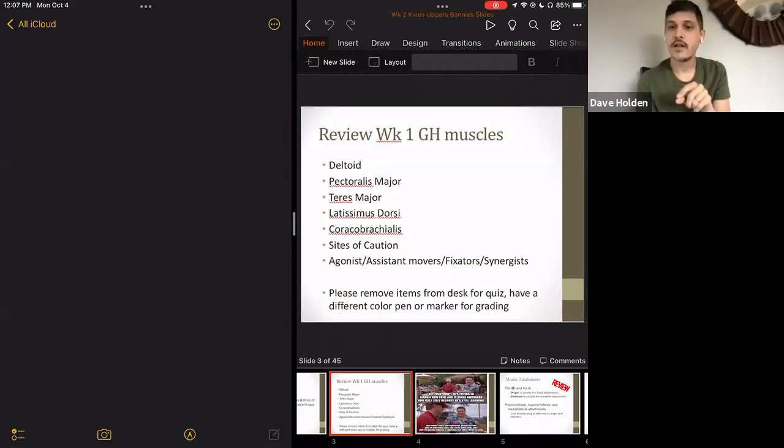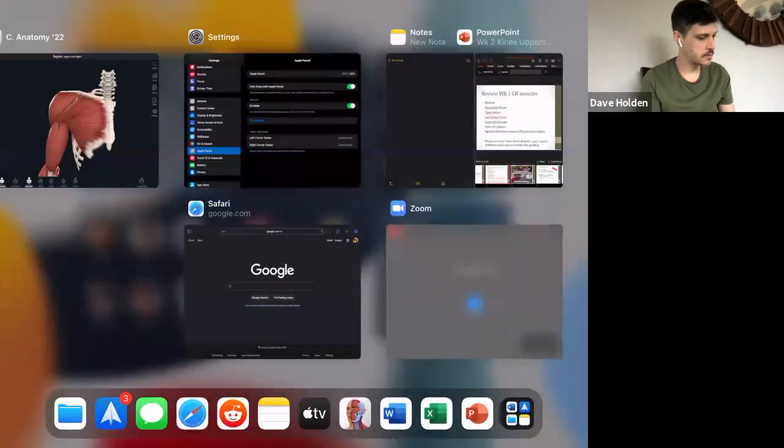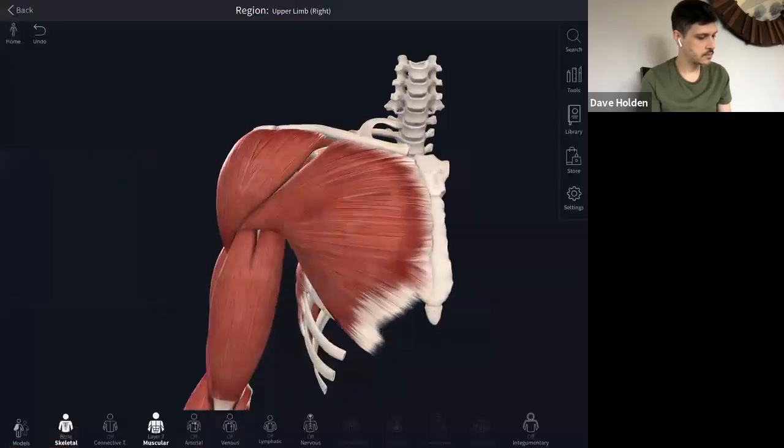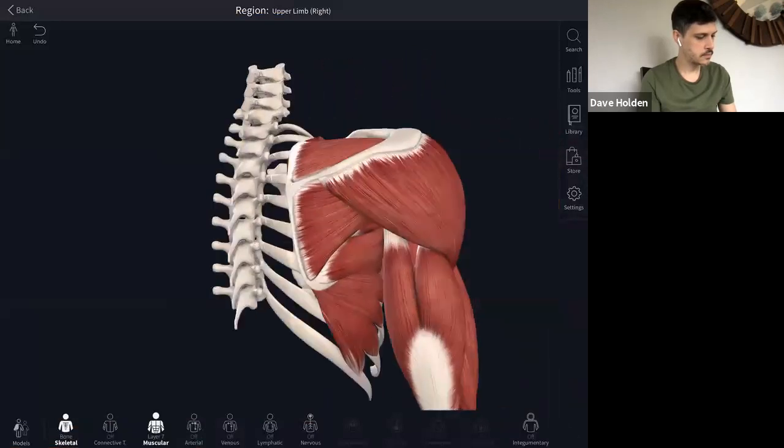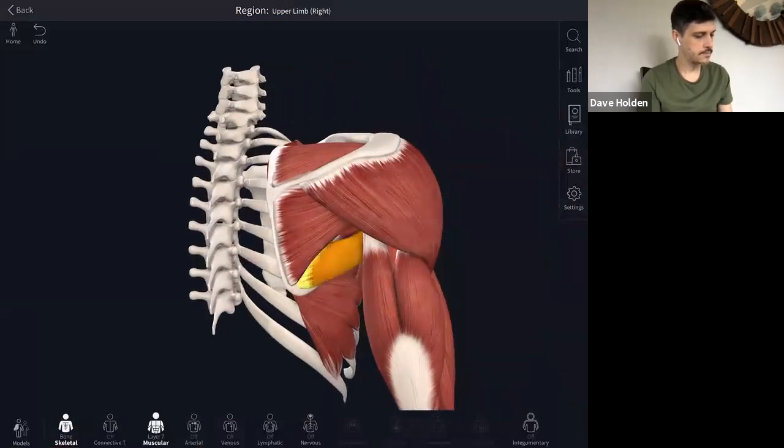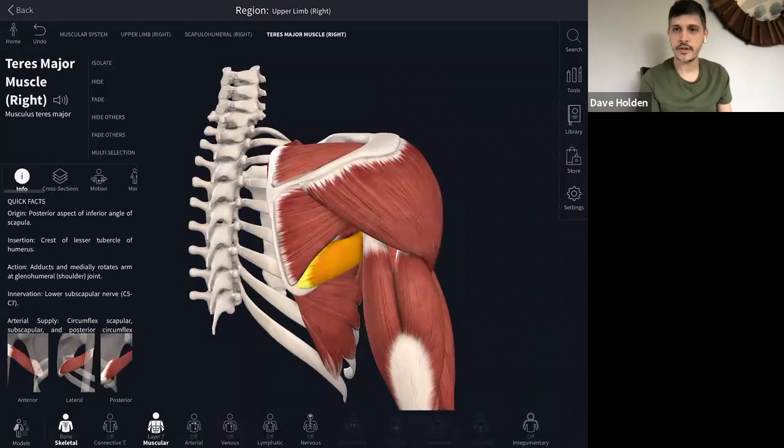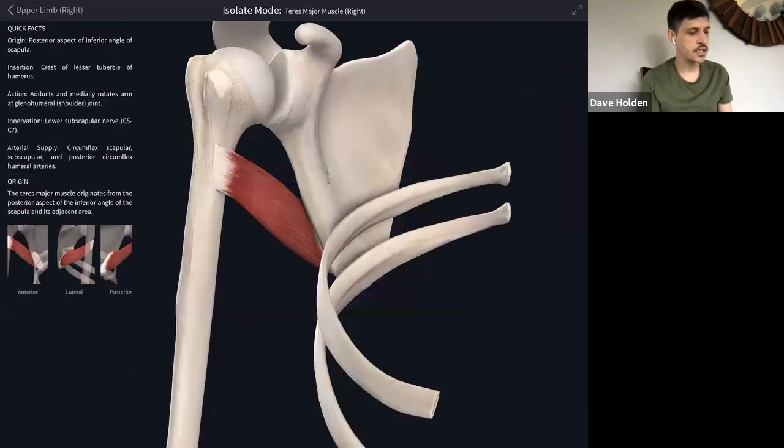There we go. Lower third of the lateral border of the scapula. And its insertion is the crest of the lesser tubercle. So it wraps around to the anterior side of the humerus.